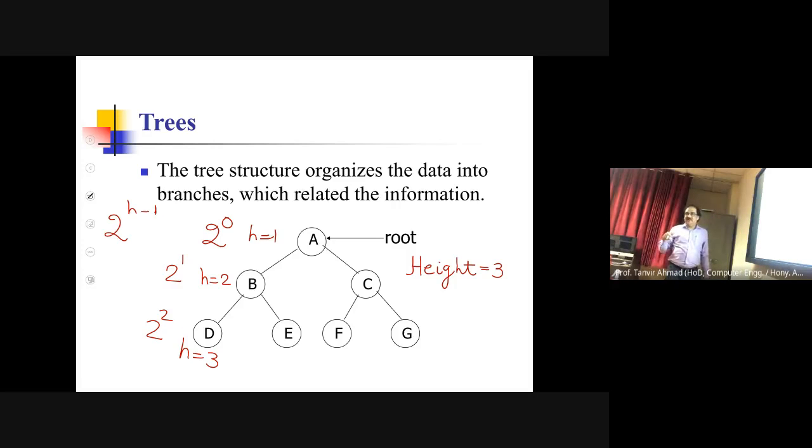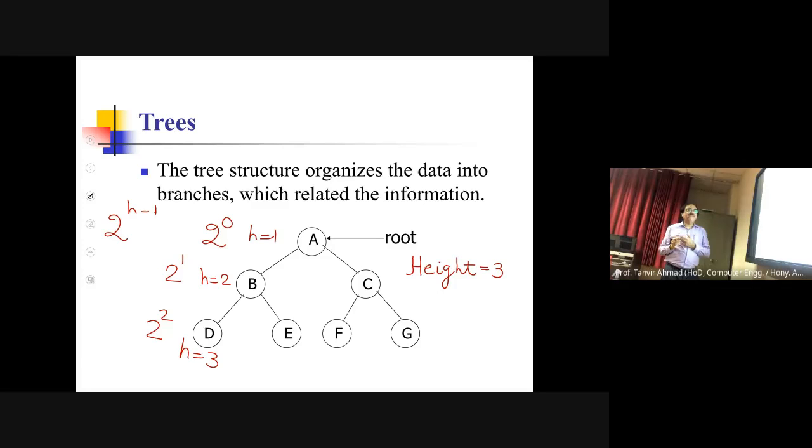This is the maximum number of children that can happen in a tree. If I ask you what is the maximum number of children on a particular height of a binary tree, you will say 2 to the power of h minus 1.